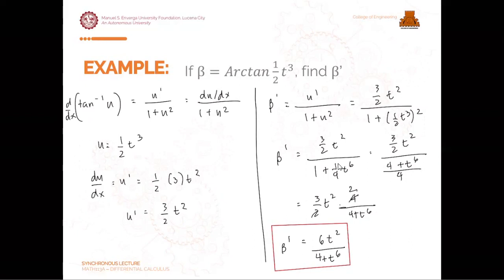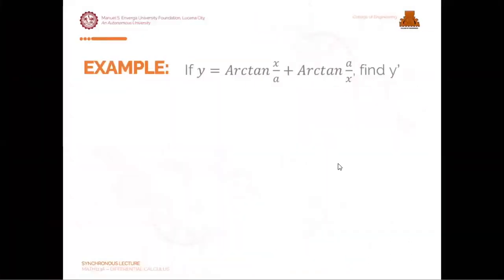Another one, let's try. If y is equal to arctangent of x over a plus arctangent of a over x, find y prime. It happens that we got arctangent again. So again, the derivative of arctangent is u prime over 1 plus u squared. Let us look at the two terms, the first and the second. Let us start with arctangent of x over a.